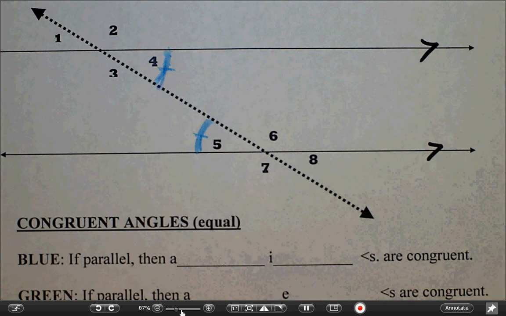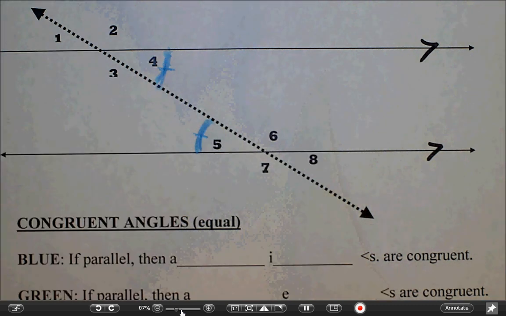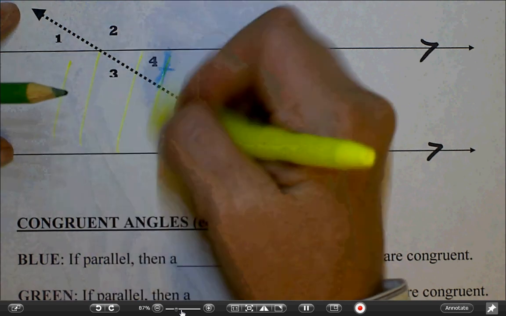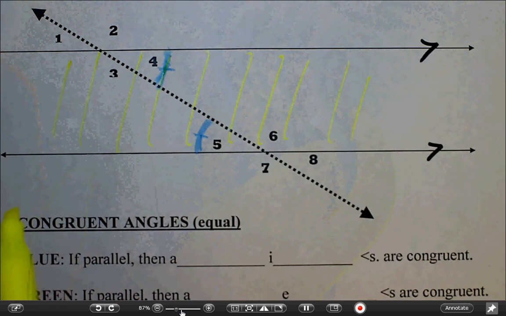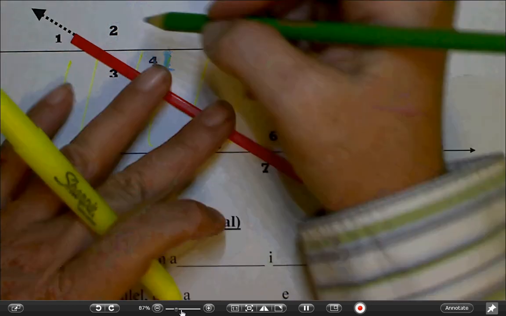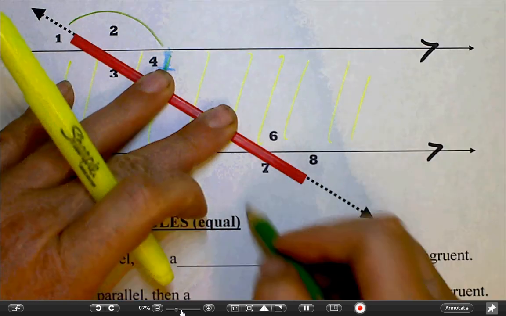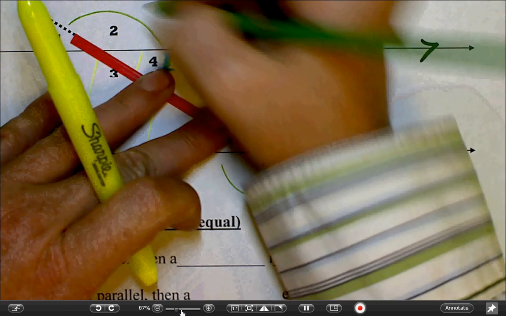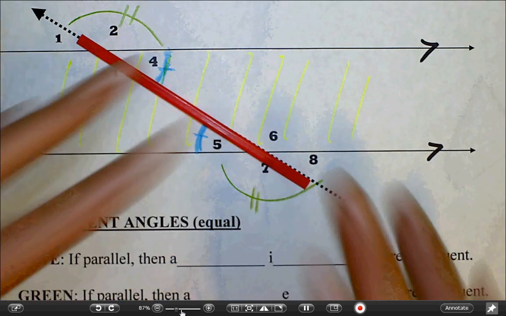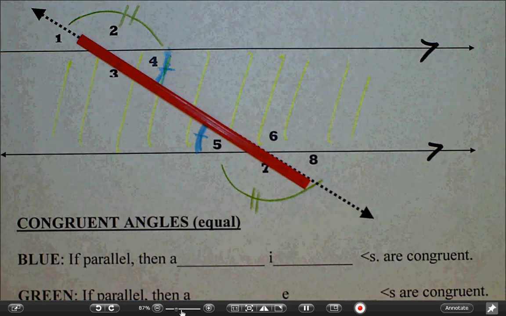A set of alternate exterior, alternate meaning opposite sides of the stir stick. So there's interior between the lines, there's your stir stick. So alternate exterior would be something like angles 2 and 7. Those are going to be congruent as well. Alternate exterior are congruent.